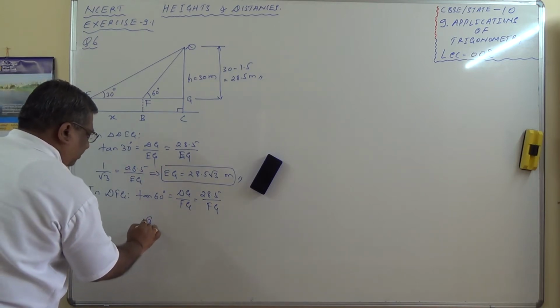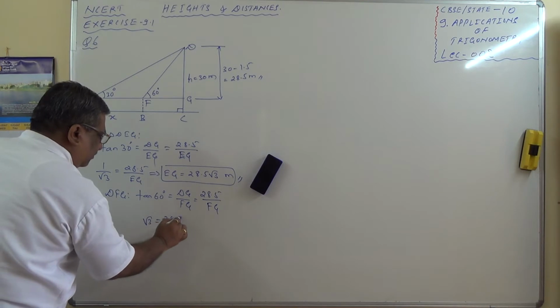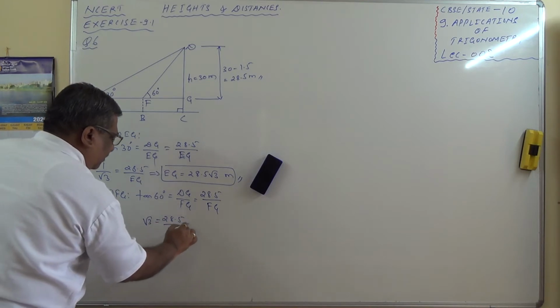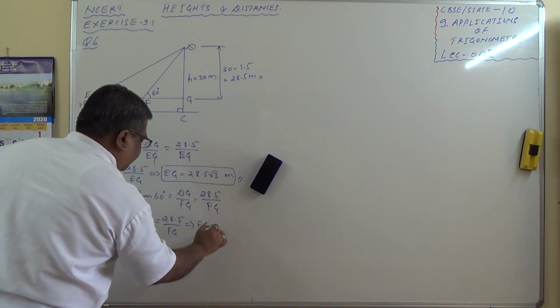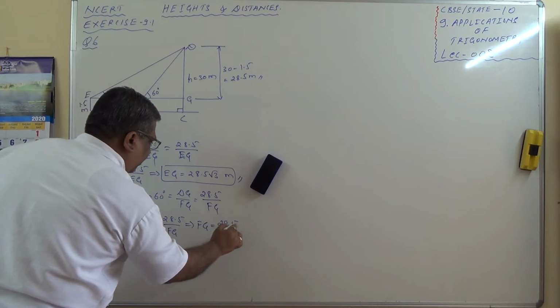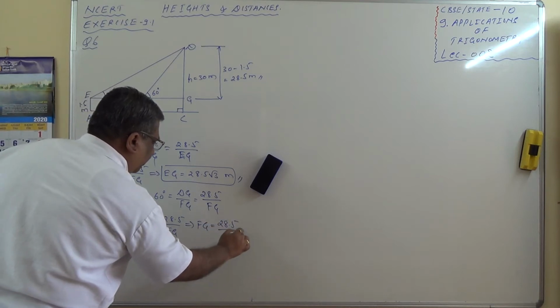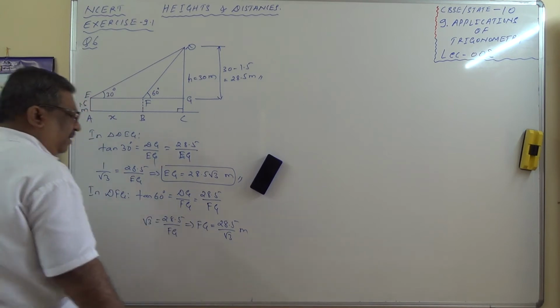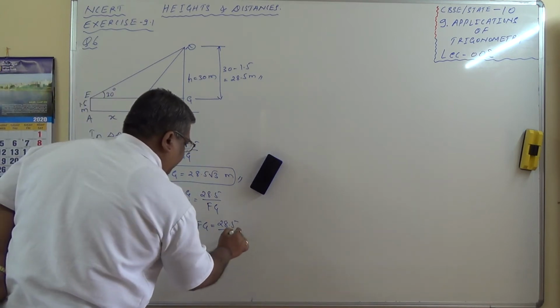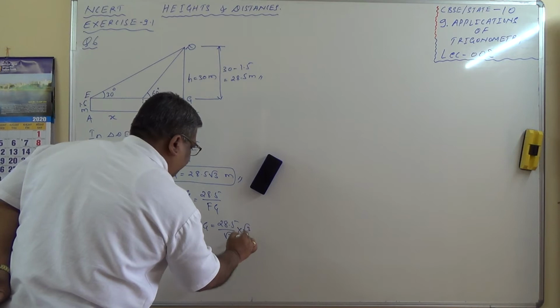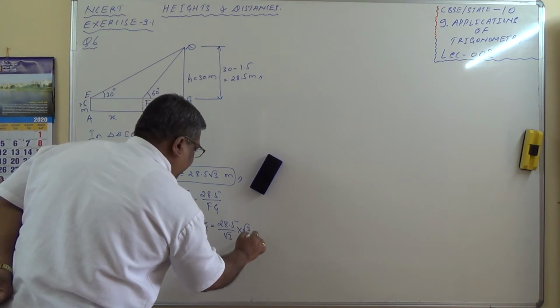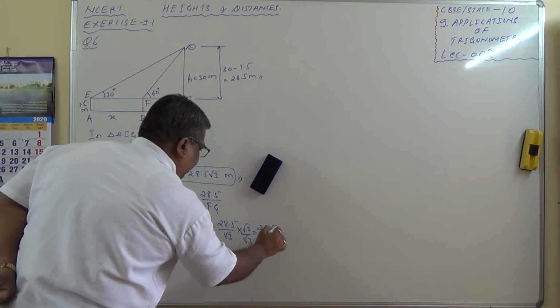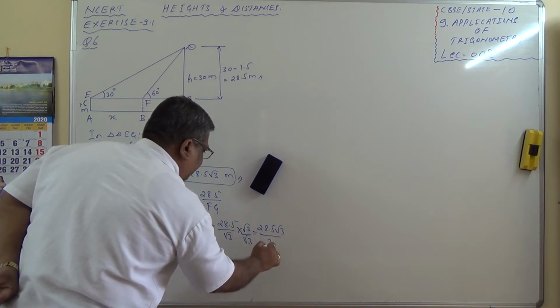Root 3. Implies FG equals 28.5 divided by root 3 meter. Let me rationalize the denominator, multiplying by root 3 by root 3, which gives 28.5 root 3 divided by 3.